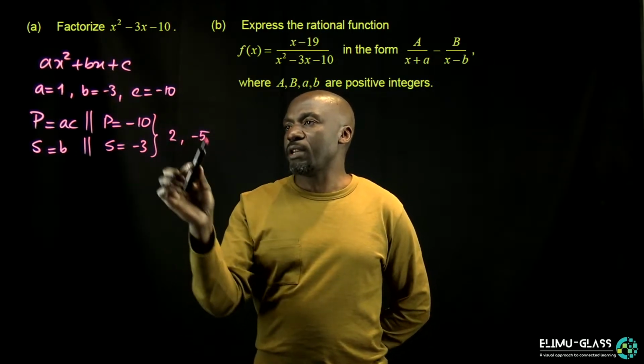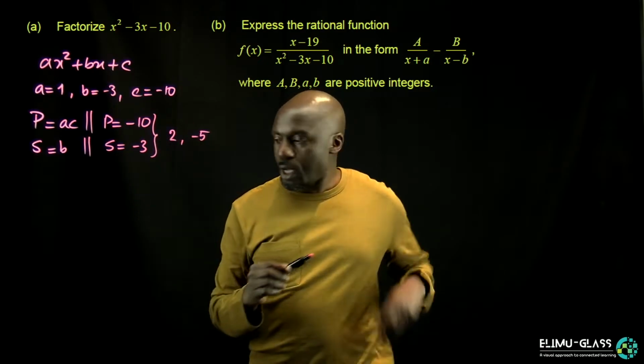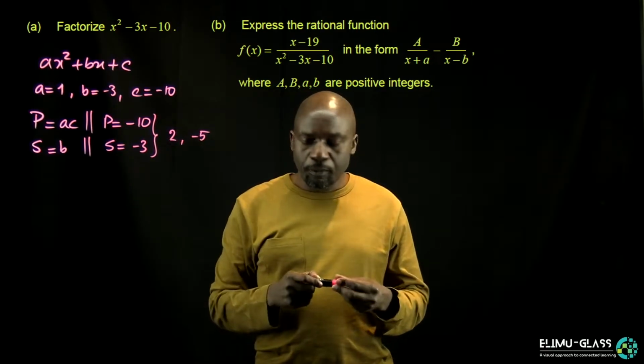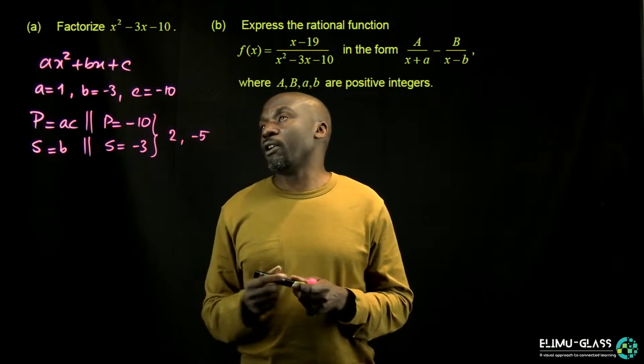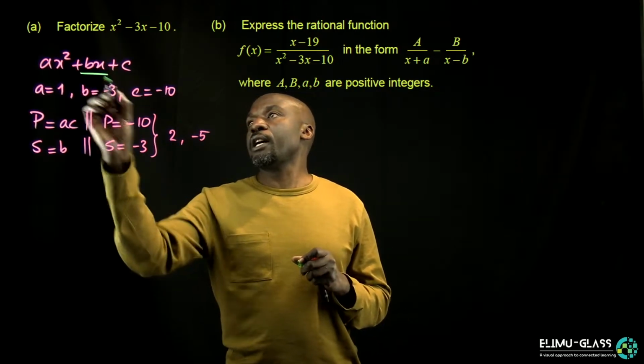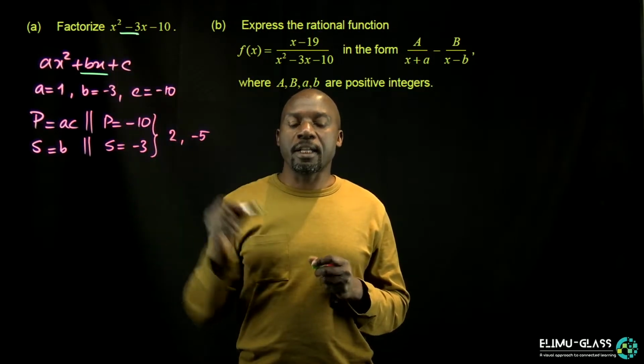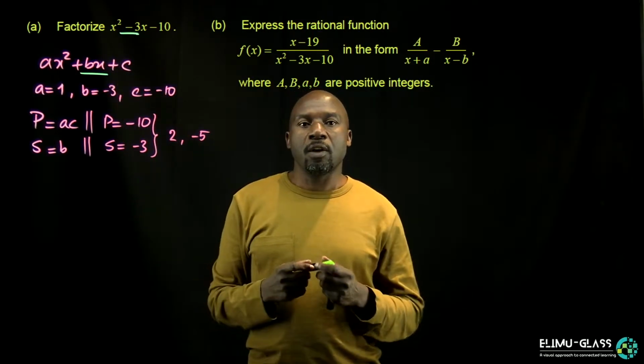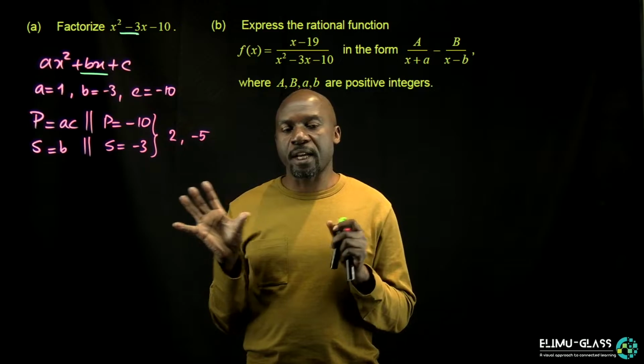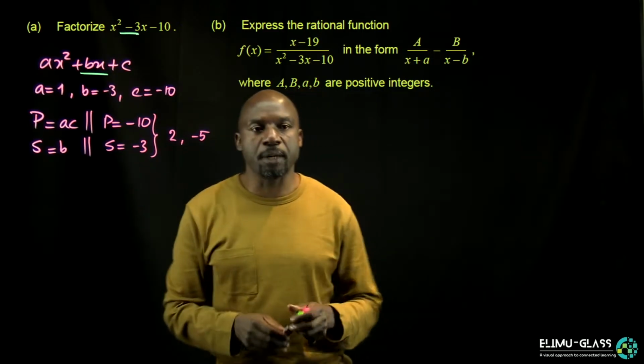The reason we need to find this is to help us split up the term -3x. We need to split that term up, so we end up with 4 terms that we can then split up in pairs.